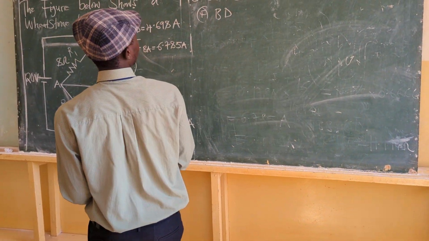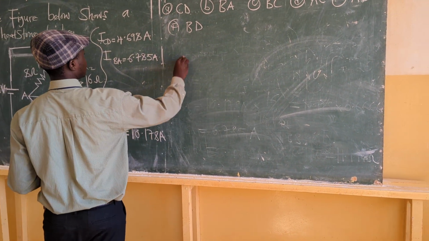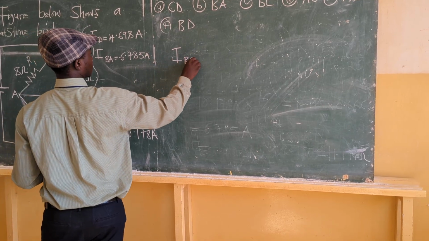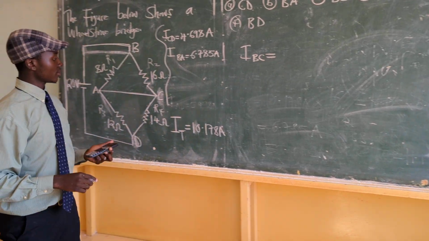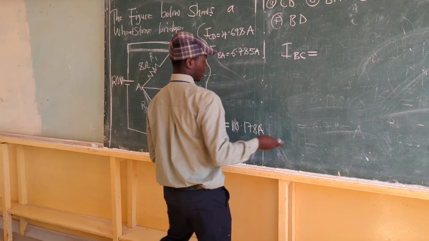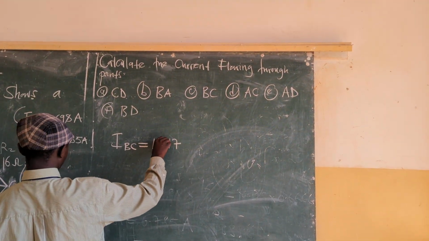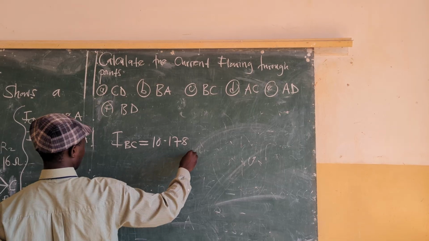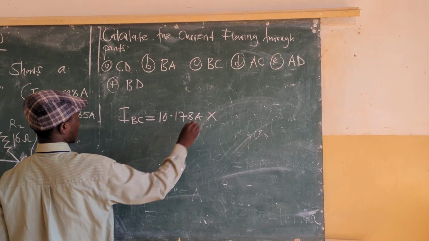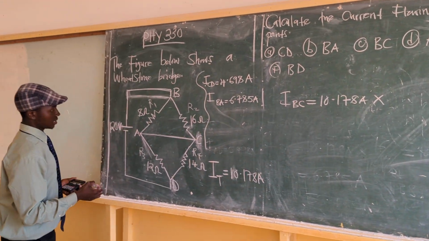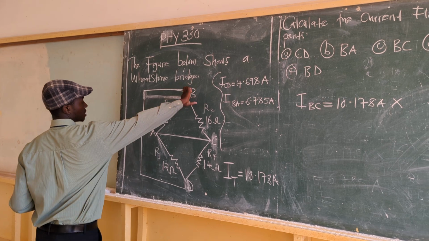Now we come to the current flowing at the point BC. As our method, we multiply the total current, which is 10.178 amps, times, since we are calculating for BC, where is our BC? It's here.